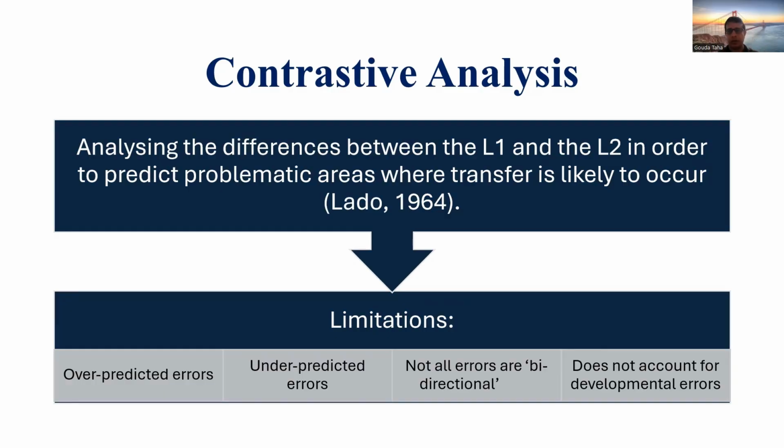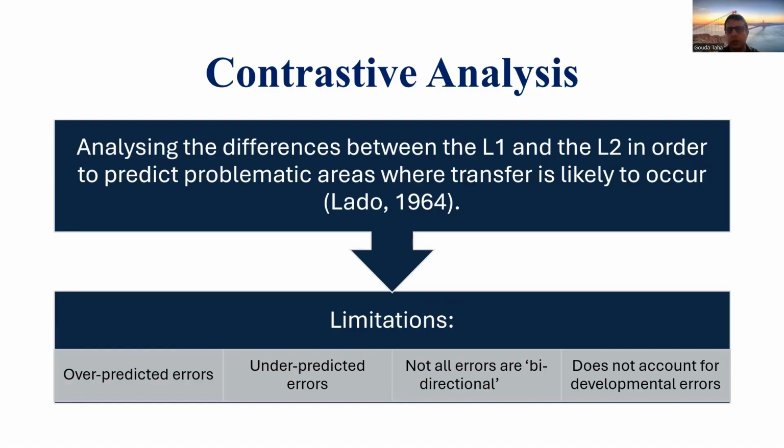It's way easier, and we have a lot of transfer happening. And when languages don't have a lot in common, transfer is also likely to happen, but with less confidence, I would say. And that's why one of the issues with this method is the idea of over predicted errors or under predicted errors.